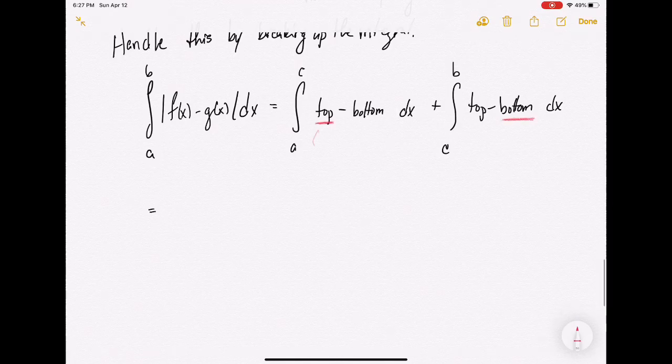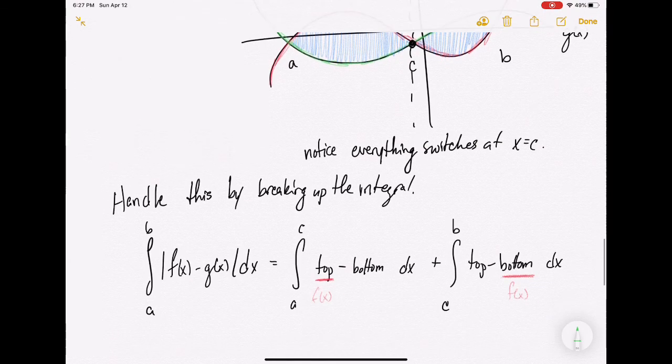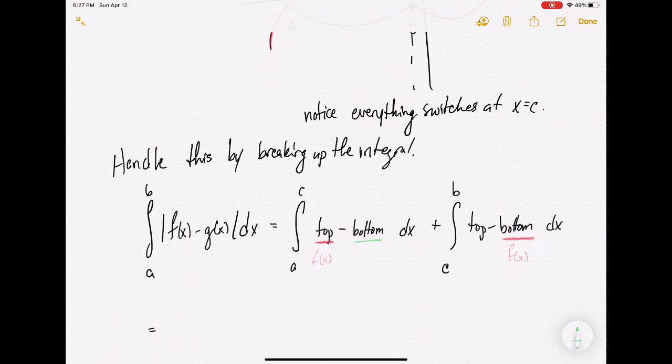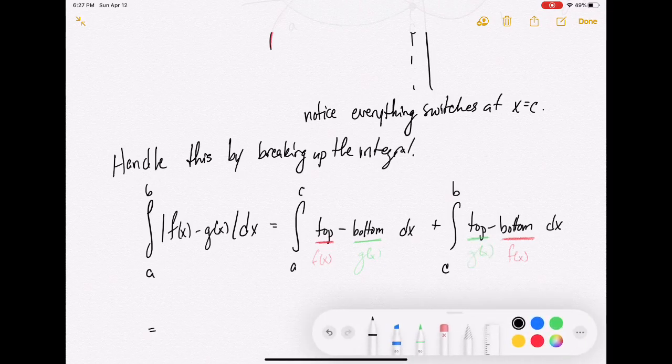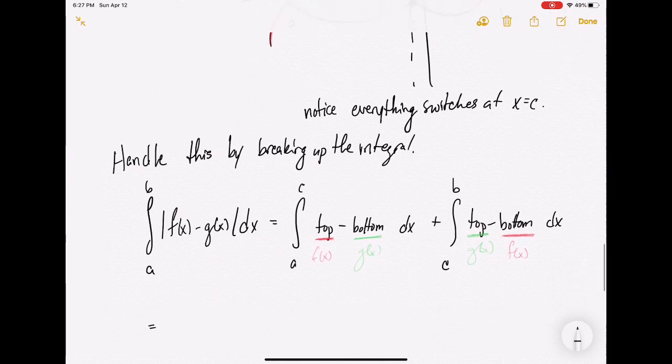So this is f of x, and then it's the green function on the other parts, right? The green function is the bottom over here, g of x, and the top function over here, g of x. So basically, we just want to be careful if they ever change places.